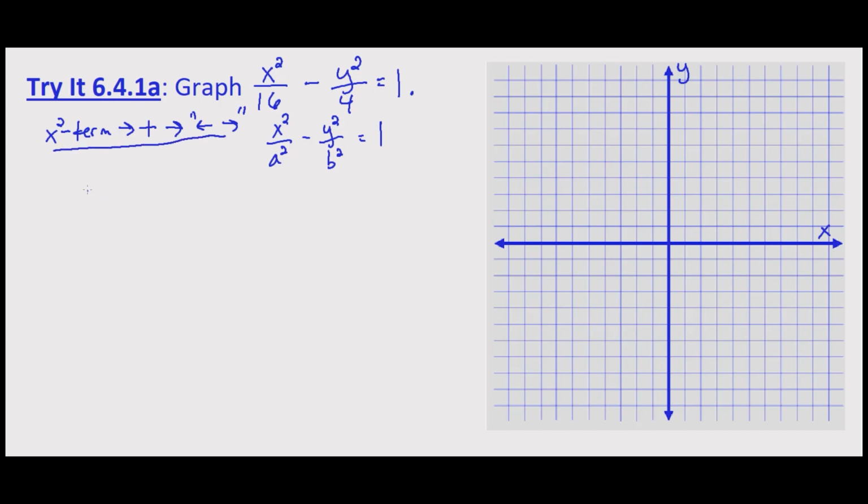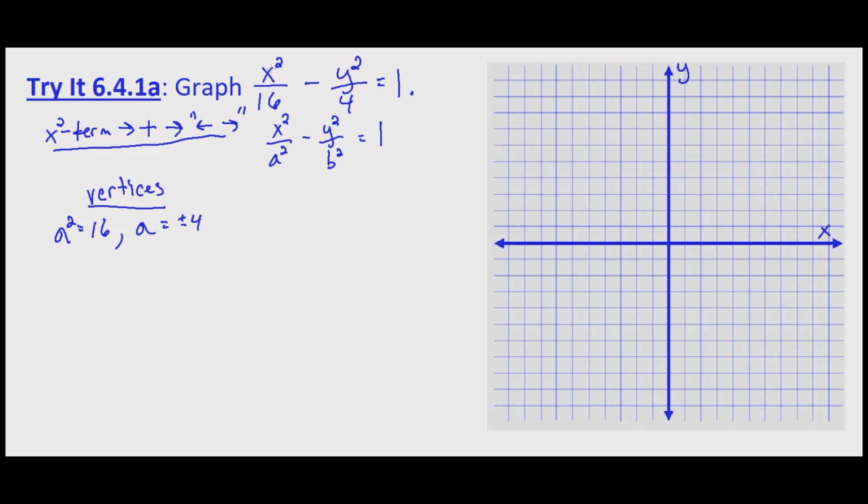So let's find our vertices first. a squared in this case equals 16, which means that a equals 4, or plus or minus 4, as we're adding 4 and subtracting 4, adding a and subtracting a from the center.